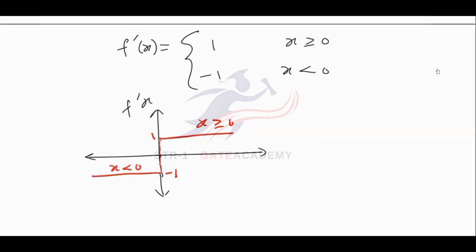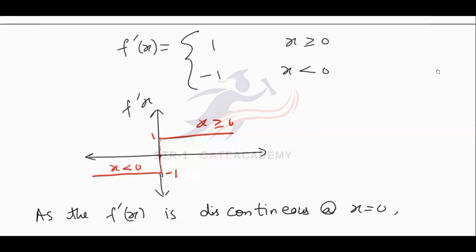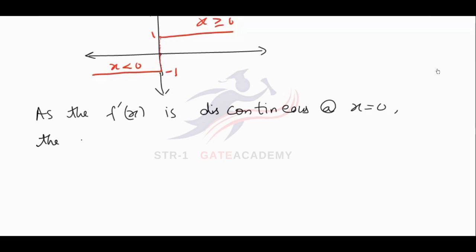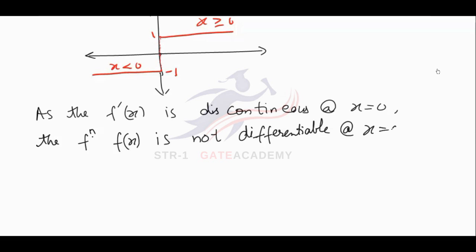So as f dash x is discontinuous at x equal to 0, the function f x is not differentiable at x equal to 0. Clear? This is a very simple fundamental which you can solve.